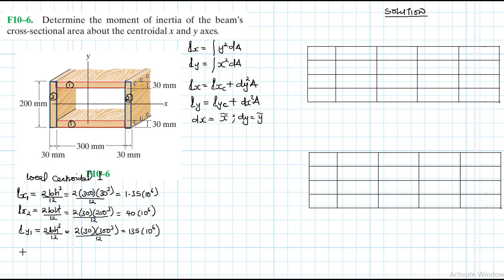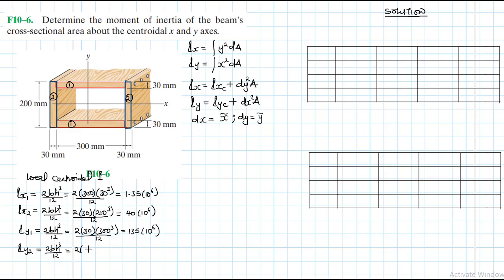And then for part 2, Iy2 is equal to, there are 2 of them because of symmetry, bh cubed divided by 12. So it's 2 times b.